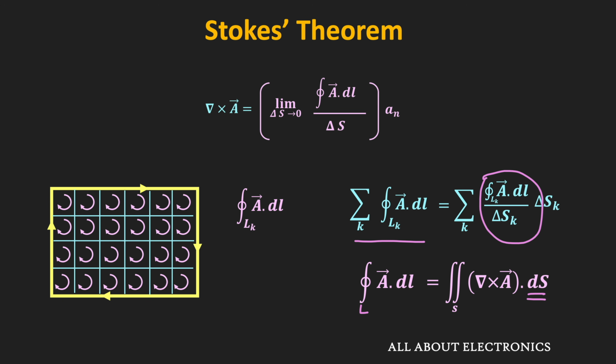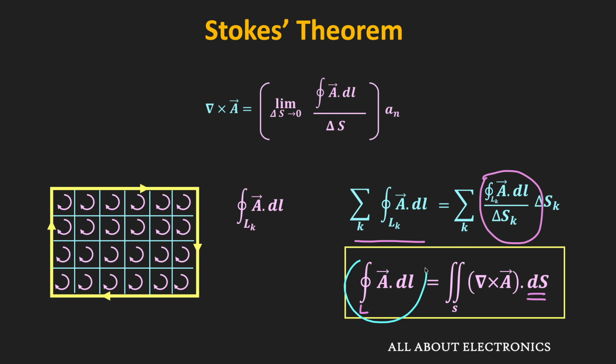In this way we get this expression of the Stokes theorem. That means the curl gives us the circulation around a given point, and if we integrate it over a specific area, we get the net circulation around that open surface. That is the same as the line integration around the boundary of that surface. That is the meaning of Stokes theorem.